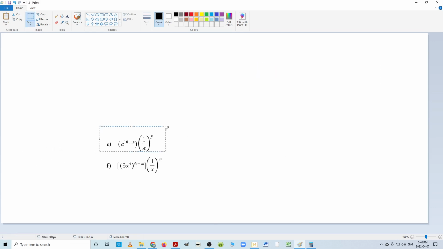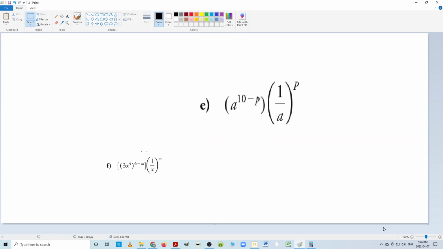Okay, so what's the rule here? Well, this p simply applies to both things. 1 to any exponent is just going to be 1. So a to the p here. And when you multiply them like this, this part multiplies the 1 up top. So it becomes a to the 10 minus p up top divided by a to the p.